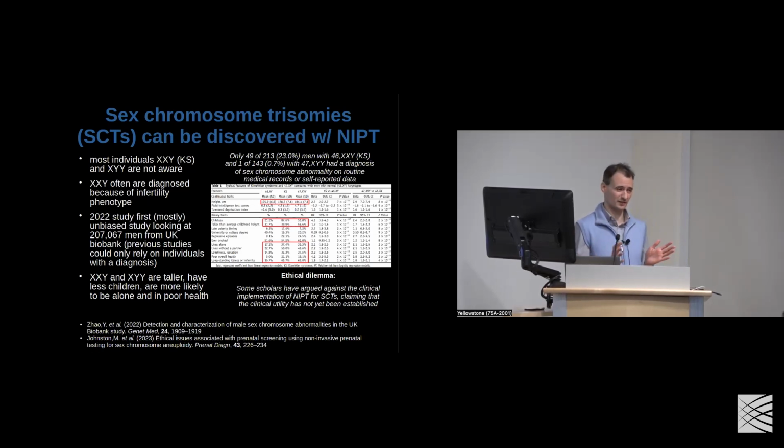And this brings a very interesting ethical dilemma, because again, most people wouldn't even know that they have them. But now, if you agree to receive the results from the NIPT test, it turns out that most people will know that they have it before they are even born. The sensitivity is actually, I think, about 70–80% now with the latest test.